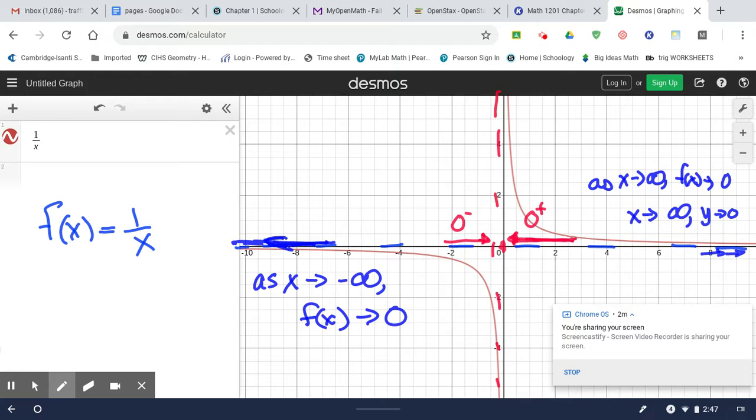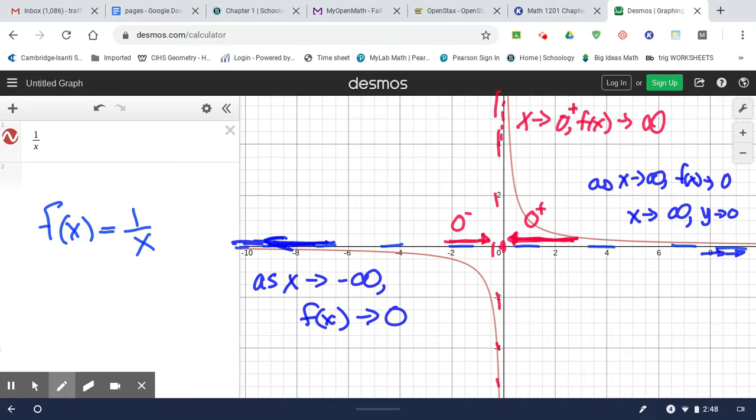As x approaches 0, notice this asymptote never actually crosses. It just gets super and super close. As x goes to 0, what is y doing? Well, as x goes to 0 from the right, f of x is going to negative infinity.